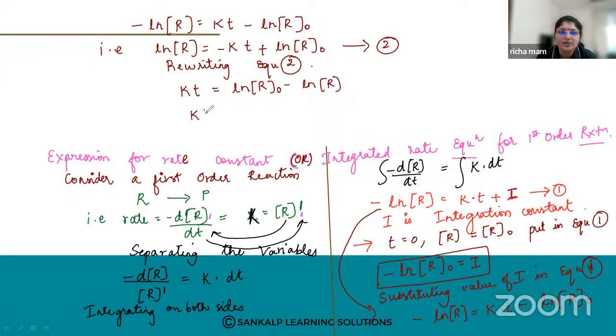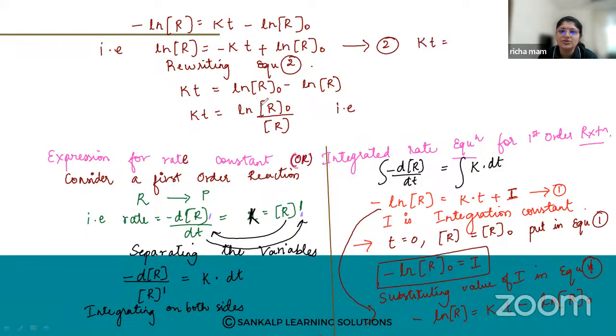Here ln is common, so it is ln of r naught divided by r. If I take ln common, ln of r naught minus ln of r can be written like this also.